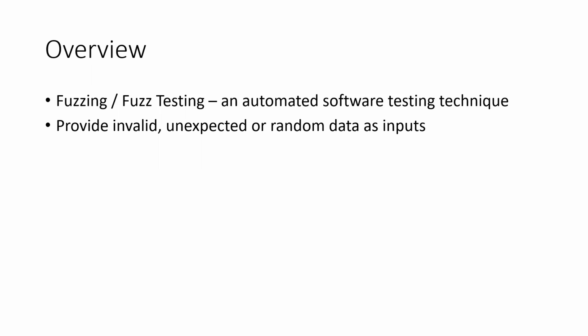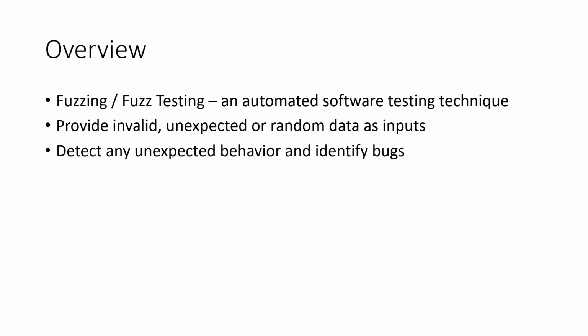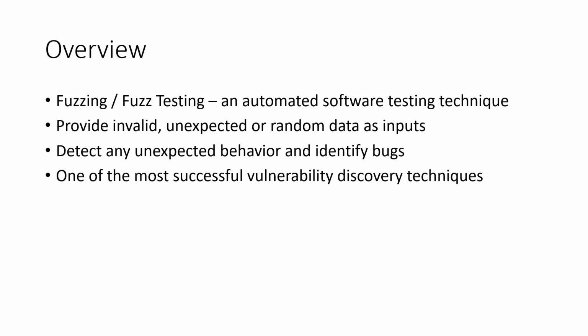How it works is by providing random data as inputs and trying to get some outputs from the program. And hopefully they can get some inputs where the program gives unexpected behavior so that you can identify bugs from this. So it's actually one of the most successful vulnerability discovery techniques.